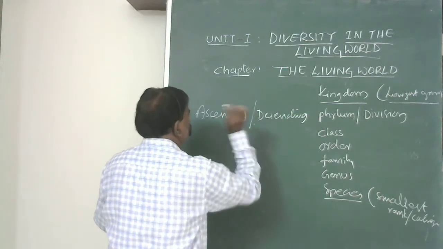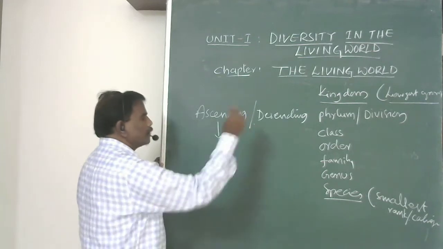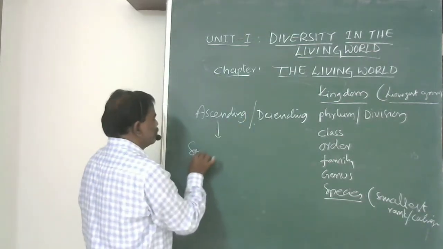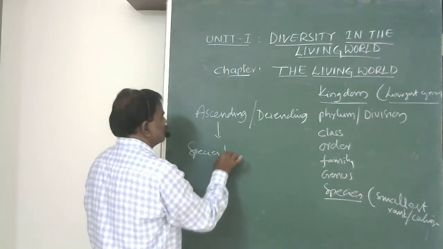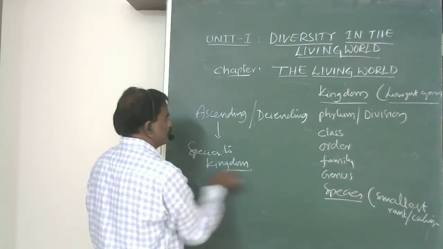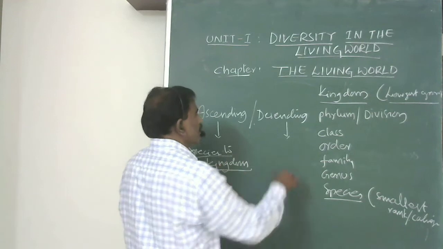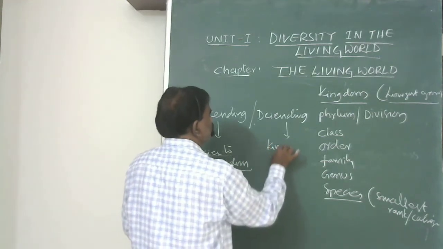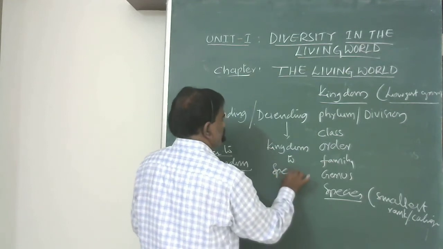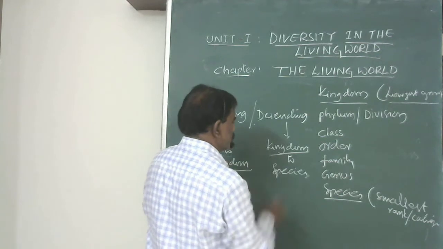Ascending means from smallest to largest, that is from species to kingdom. Whereas descending order is kingdom to species, largest group to smallest.